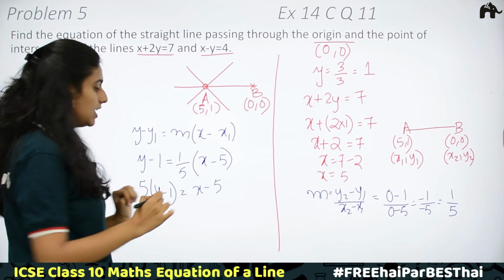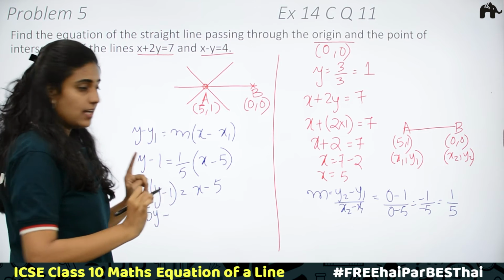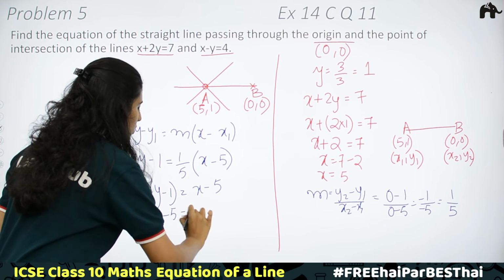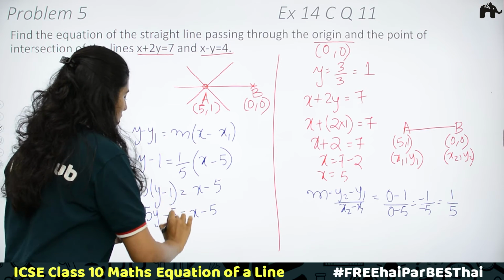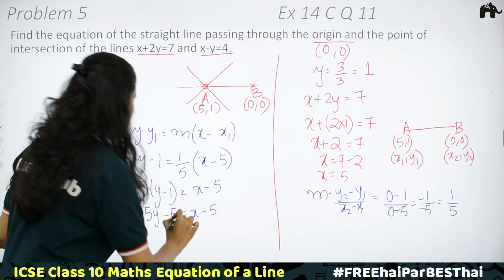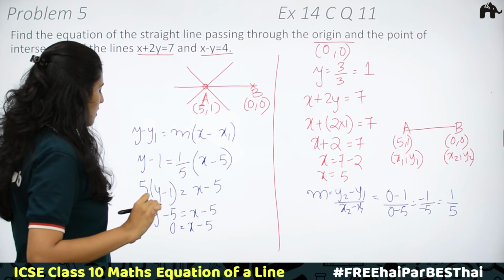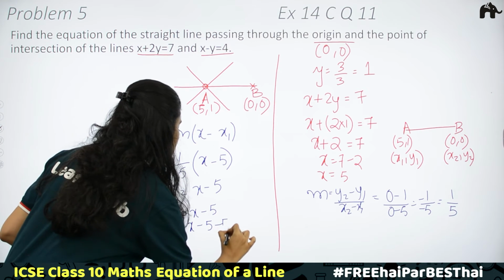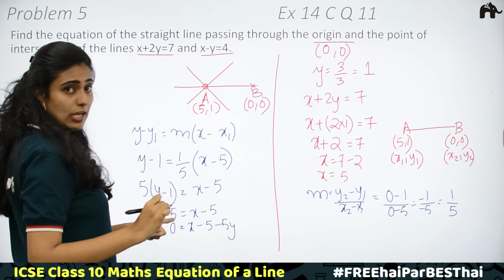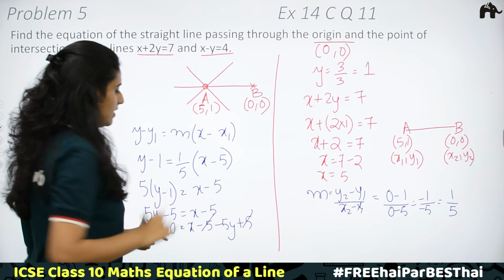Removing the brackets and multiplying, we get 5y minus 5 is equal to x minus 5. Taking all this to the opposite side, we get 0 is equal to x minus 5, and 5y taken to the opposite side becomes minus 5y. Minus 5 becomes plus 5. Now, minus 5 and plus 5 can be cancelled.